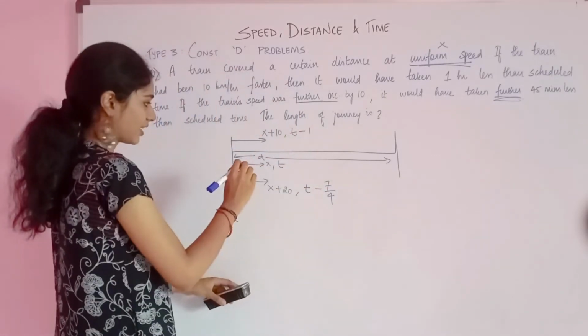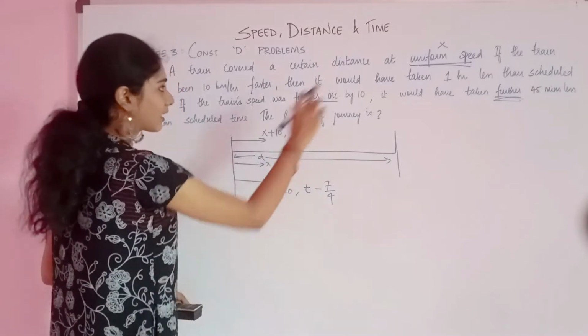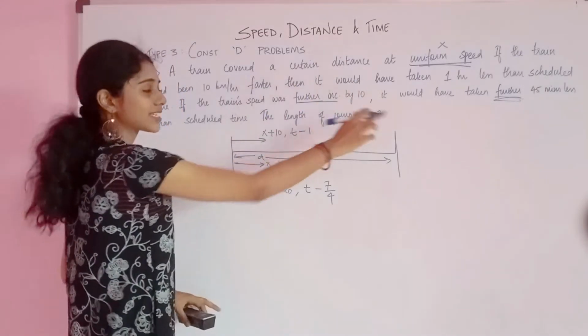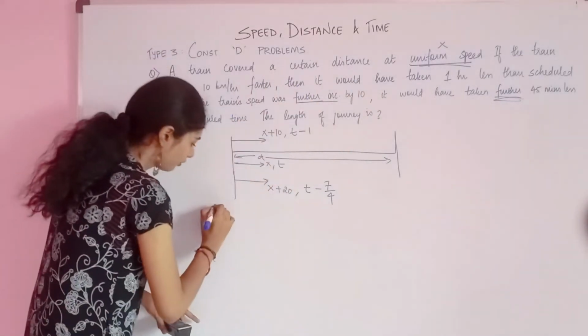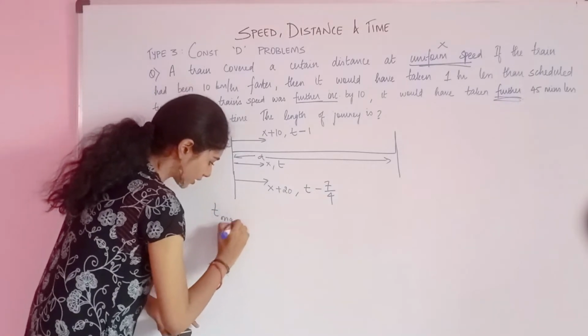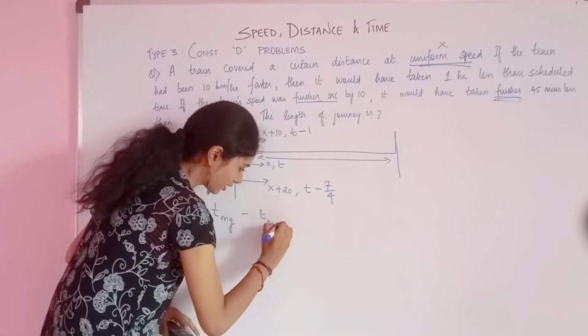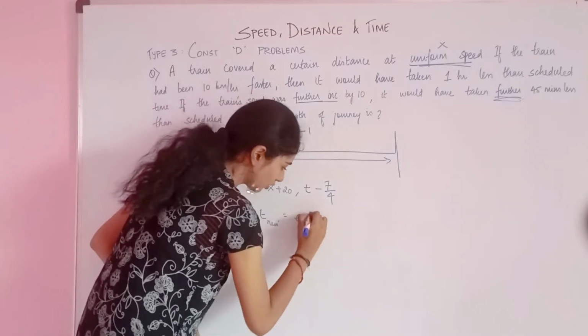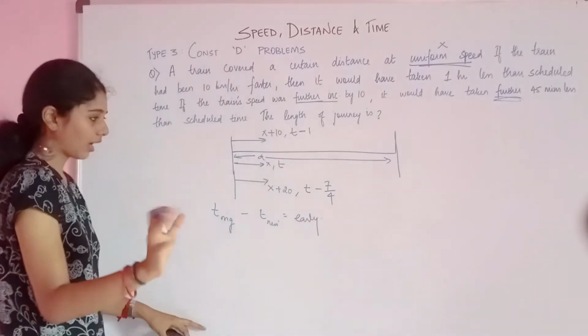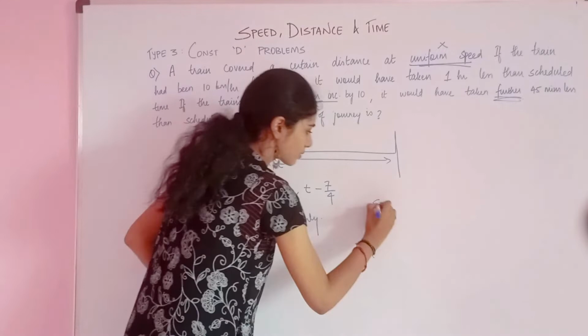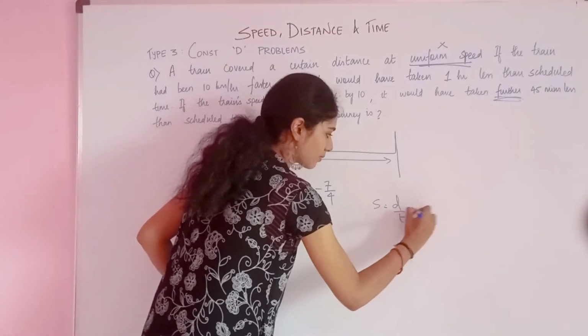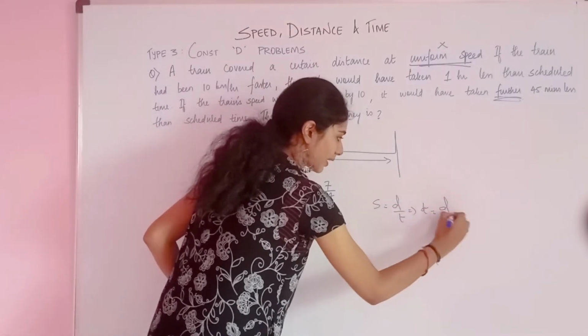In the previous question, we saw that both of these statements are given for arriving early. For early, the equation is t original minus t new is equal to the amount of time it arrived early. I hope you guys remember it. We know that speed is equal to distance by time, and time is nothing but distance by speed.